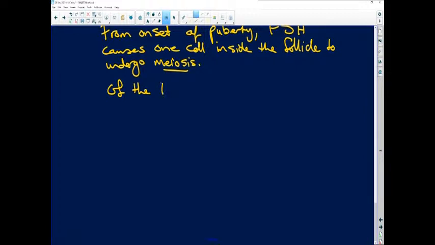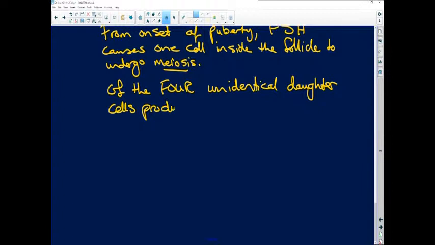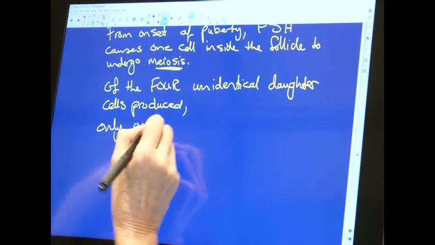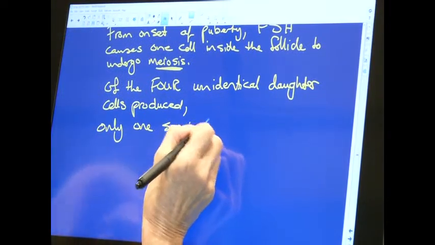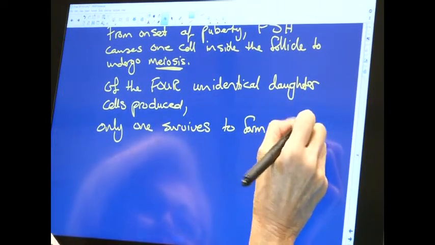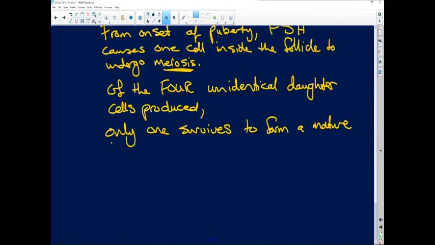So, of the 4 unidentical daughter cells produced after meiosis, only one survives to form a mature haploid ovum.